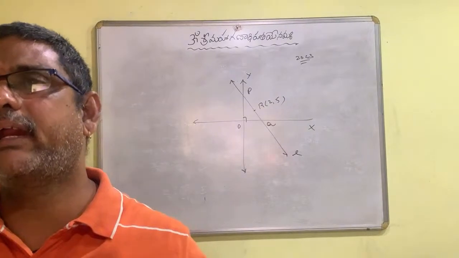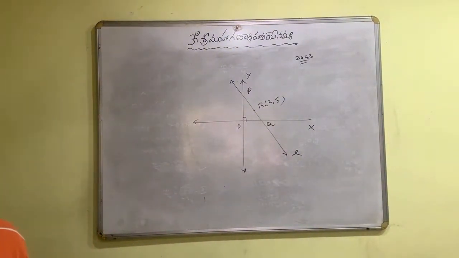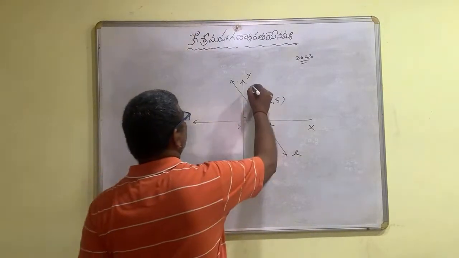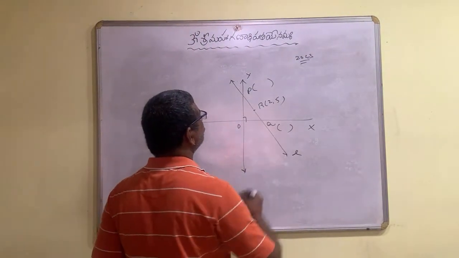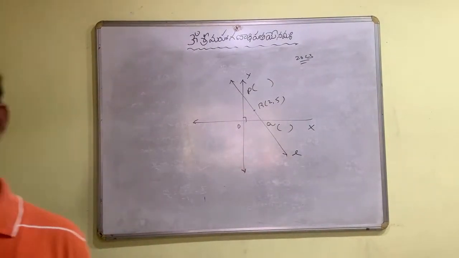Now, can anyone please tell me the general form of the coordinates of P and Q?